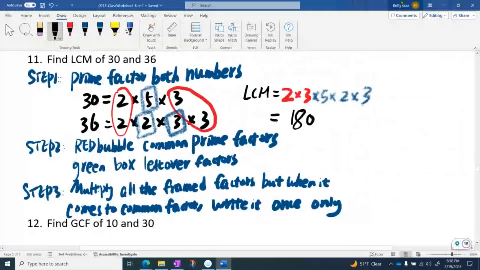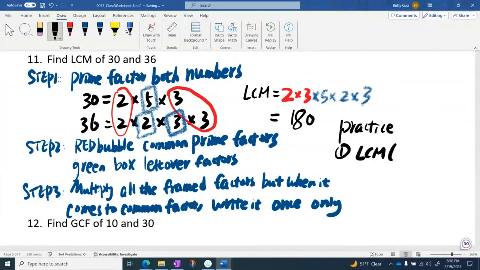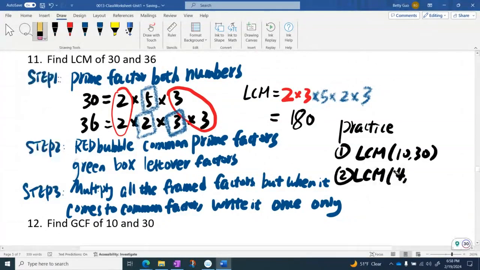If you see it, I want you to apply the process, practice. Find the LCM of 10 and 30. Number 2, find the LCM for 7 and 28.